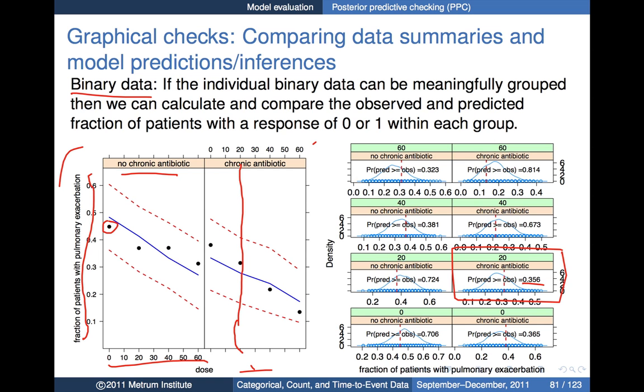Now, what I'm looking for in this is to see whether I have a problem where these values tend to be extreme, either much less than 0.5 or much greater than 0.5. Some people might put a formal test on it. They might say, okay, I'm going to reject this model if that value is, say, less than 0.025 or more than 0.975 or something like that.